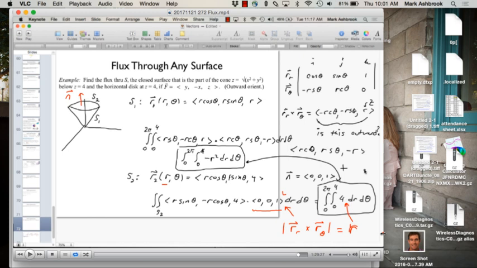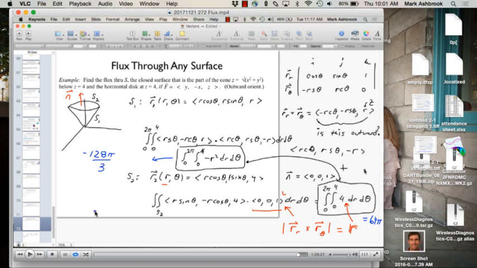All right. When you sum those up, you get 64 pi. This here is 64 pi, blue and blue. And this is negative 128 pi over 3.